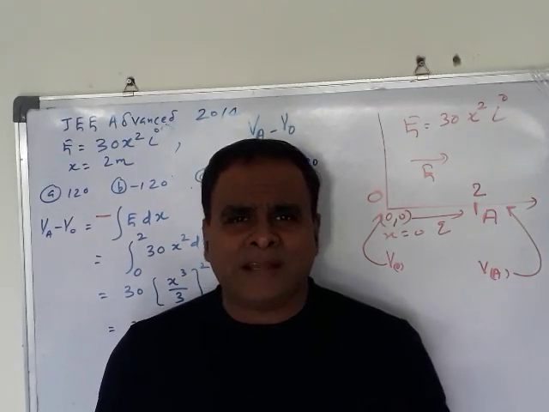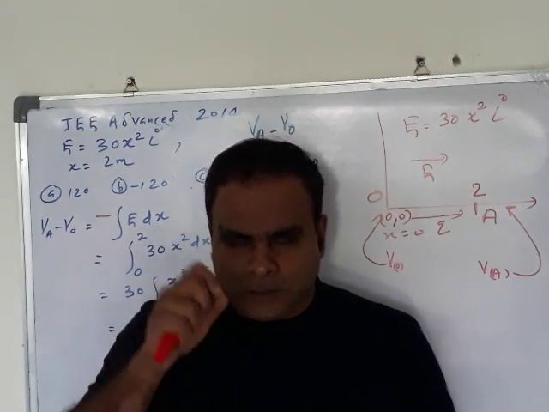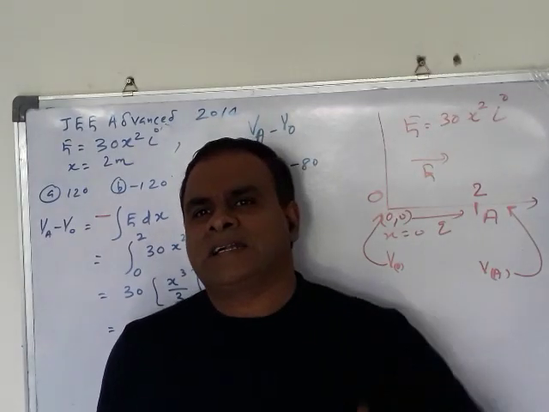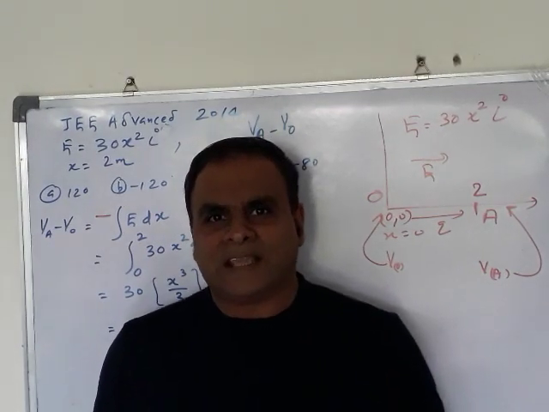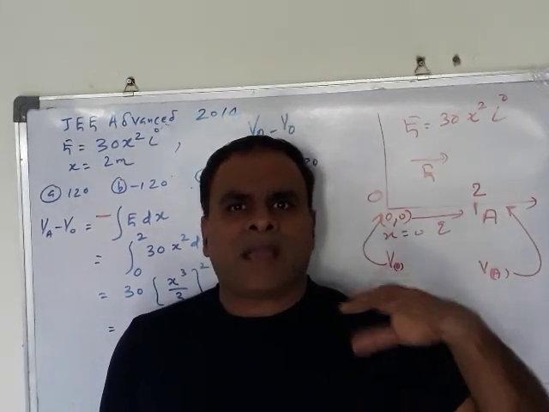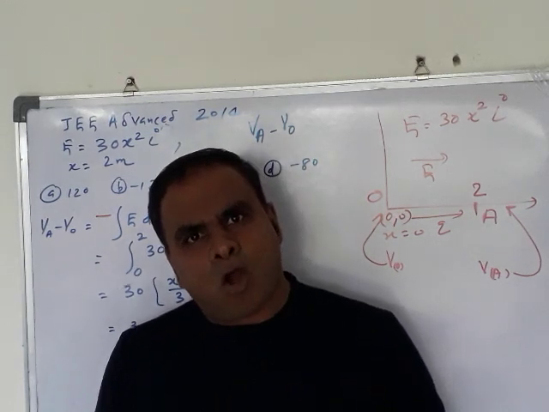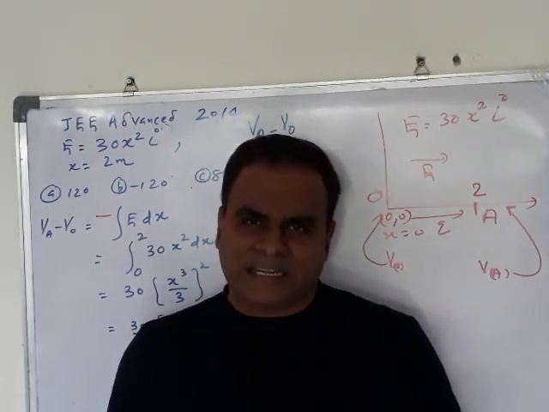The second point is why I didn't put the negative sign here. From first year itself, you learned it in heat, in the first law of thermodynamics as well: work done by a system is taken as positive, work done on the system is taken as negative.